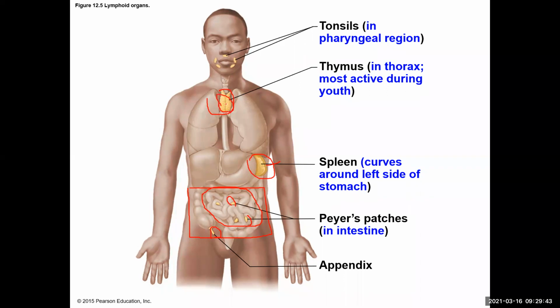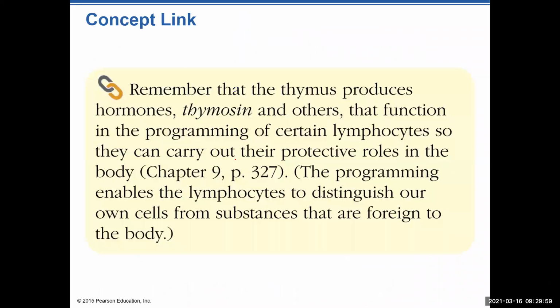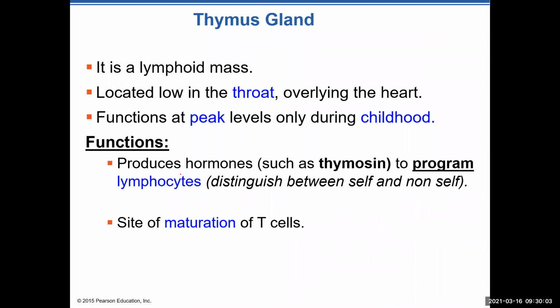And what is the thymus? The thymus is a site for the maturation of the T cells. When T cells are formed in the bone marrow, they travel from the bone marrow into the thymus for maturation. So the thymus is a primary lymphoid organ. Remember this. It's not a secondary lymphoid organ. It produces the hormone thymosin.